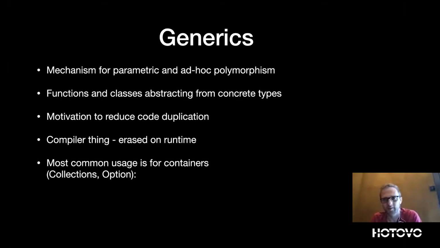So what's the definition of generics? In simpler terms, they are implemented as functions and classes that abstract from concrete types. So they don't use specific types like strings, numbers, objects, interfaces, and so on, but a generic type or an abstract type, which can be any type.